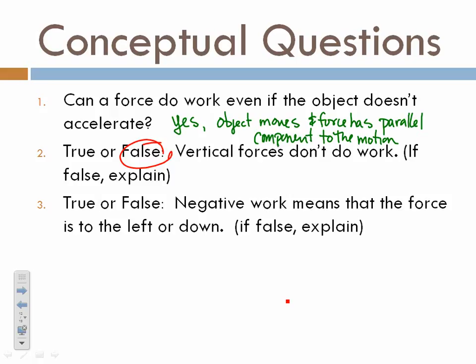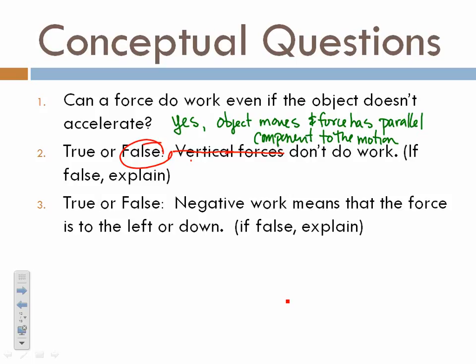It's about perpendicular forces. So if we were to change this so that it would be true, what would we change about it? Well, I'd scratch this word vertical. In fact, I'll scratch all of vertical forces.